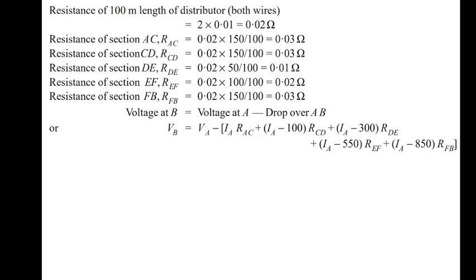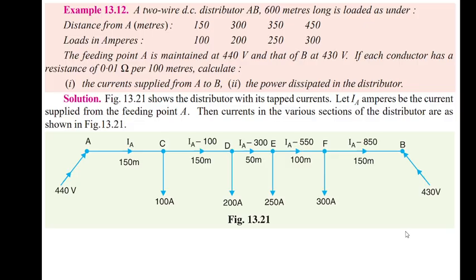The current in each section varies due to the tap loads, which is reflected in the equation by progressively decreasing current terms. So if we have more customers, we will have more voltage drop.